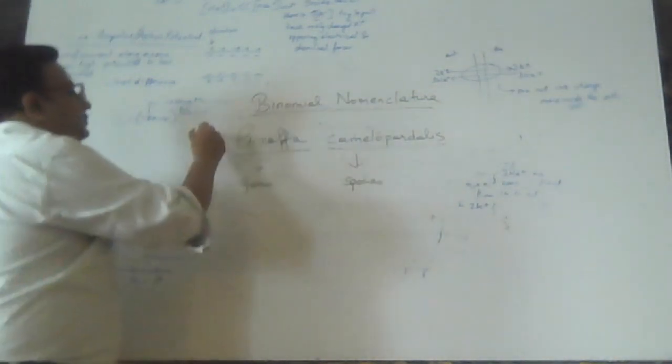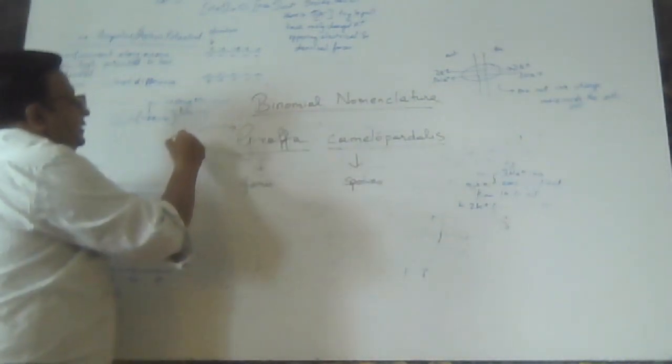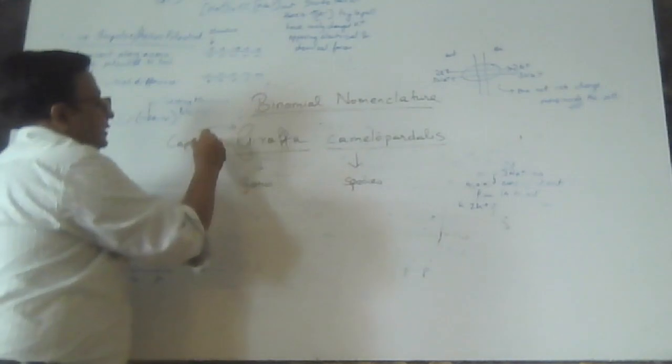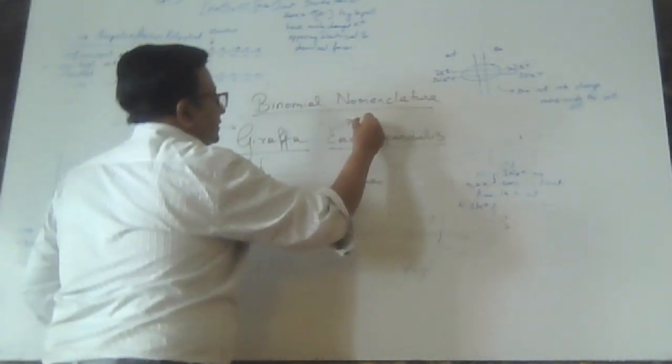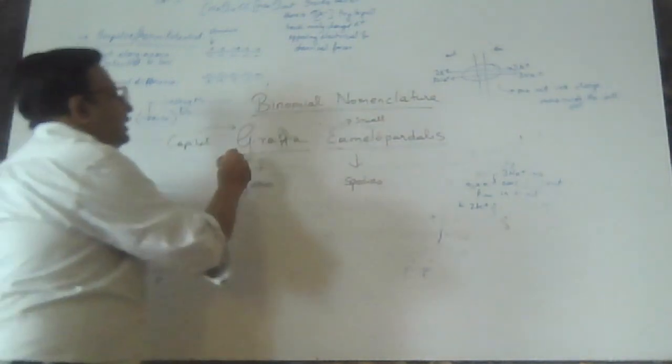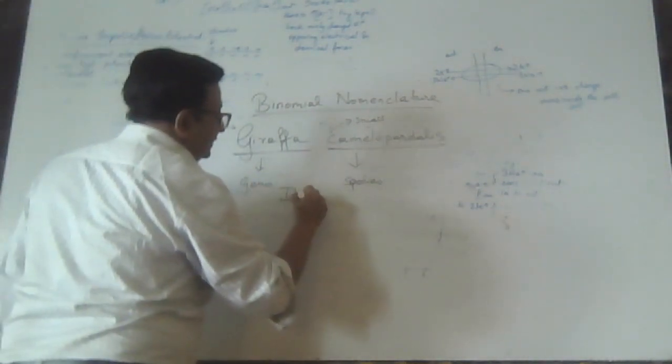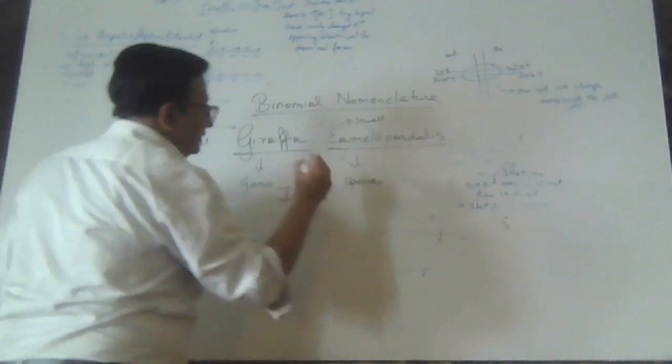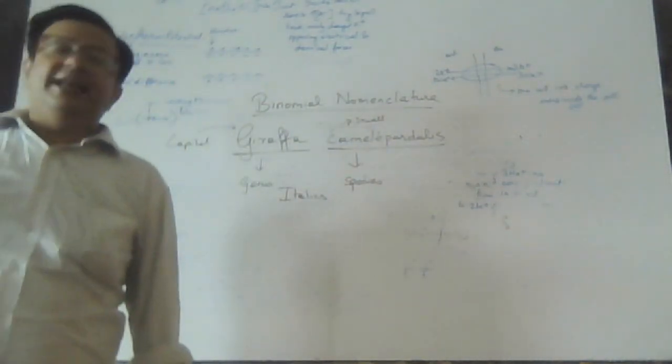The genus starts with a capital letter, the species with a small letter. It should be underlined if you are writing by hand, and if you are typing, it should be in italics.